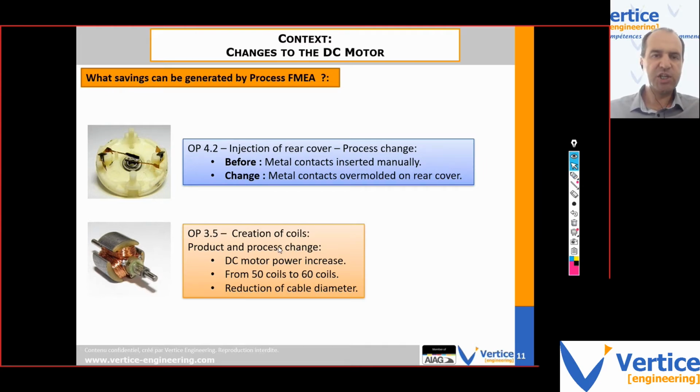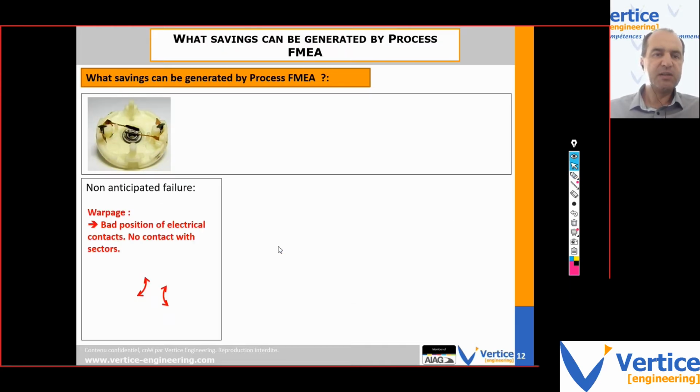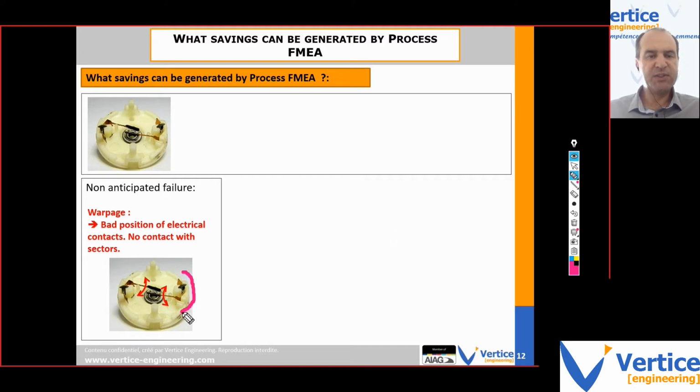If we take the first change, one thing that could happen is if we lack experience in injection molding, since the electrical contacts are overmolded, we could end up with an injection press that fails to be reliable and stable in terms of the geometric position of the electrical contacts achieved after the overmolding, right? Due to warpage, we may have bad positions of electrical contacts.